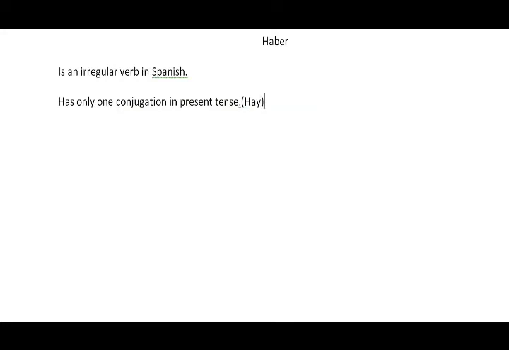Generally, the verbs that we have done so far have 6 conjugations as per the 6 subjects that we have done in the previous video. But in case of haber, there is only and only one conjugation, which is hay. Now, what do we mean by hay? Hay is the English equivalent of there is or there are.